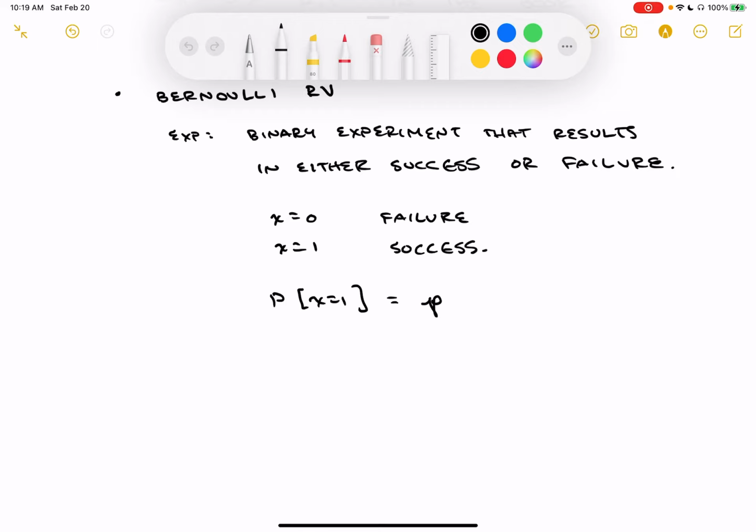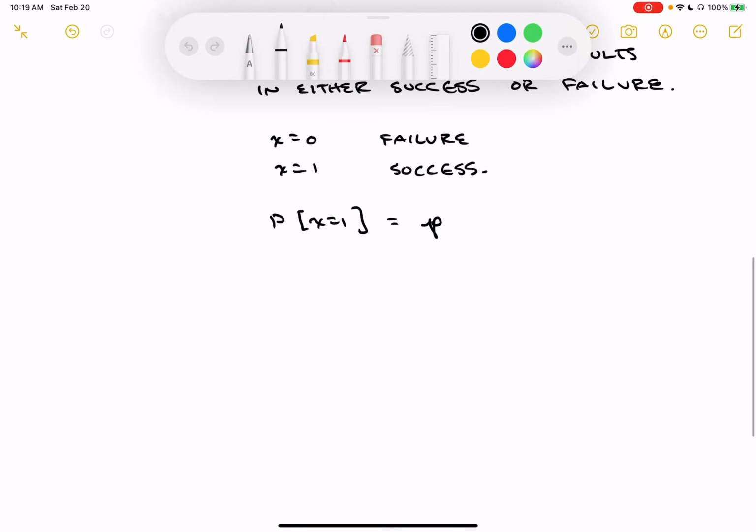We're going to set it equal to a parameter here. In this particular case, we're going to call that p. So the parameter for this family of random variables is p, and it just designates the success probability. That can be used, because there's only two different states, to help us understand what the failure probability is. The failure probability is going to be 1 minus p. No need to put in a new parameter in that case because p is enough to define both.